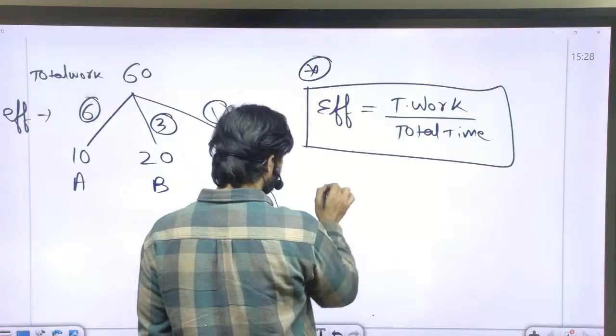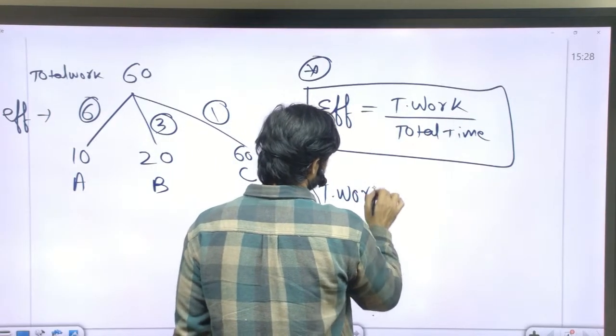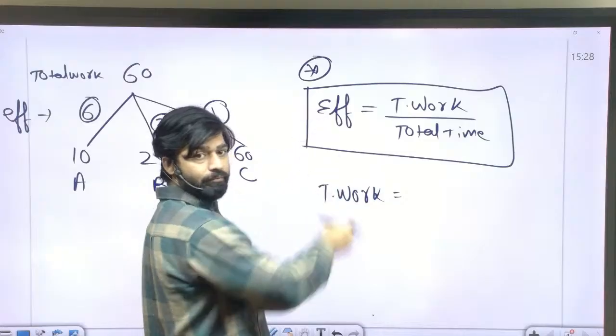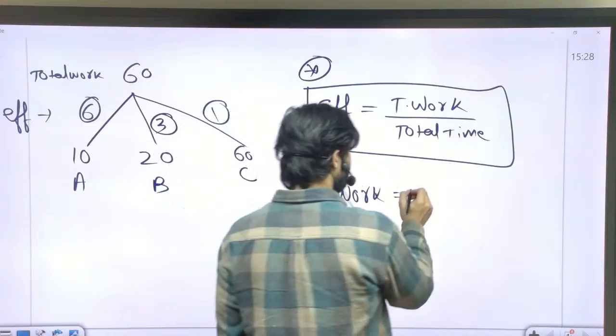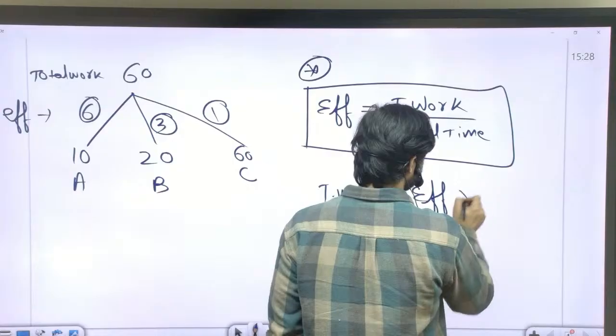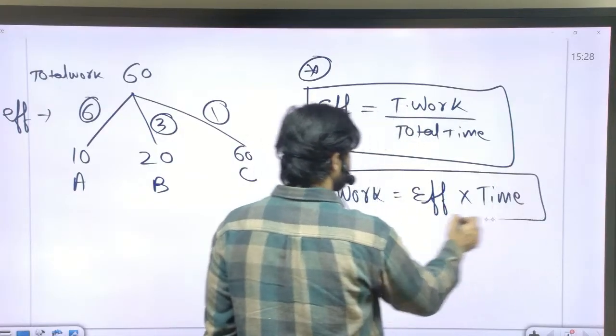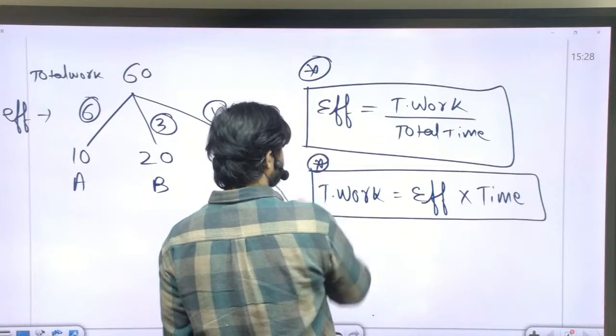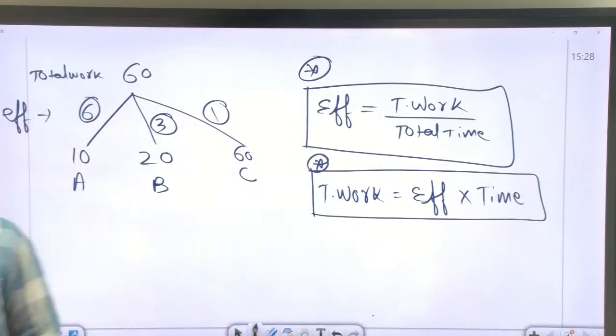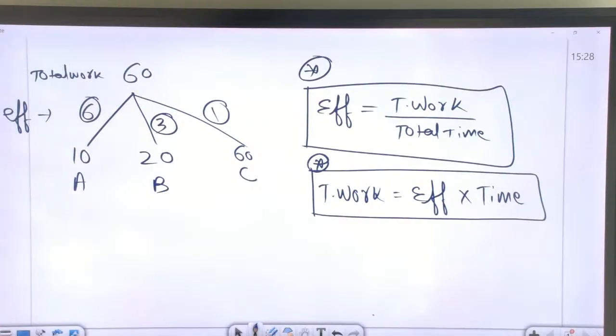And if you have to find the total work, we can take the total time to this side and multiply it. So efficiency into time. Put it in a box. Write these two things. So efficiency equals total work upon total time, or if we have to find the total work, we can multiply efficiency into time. We can directly get the total work.